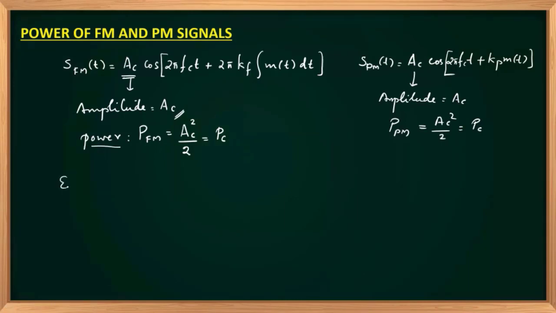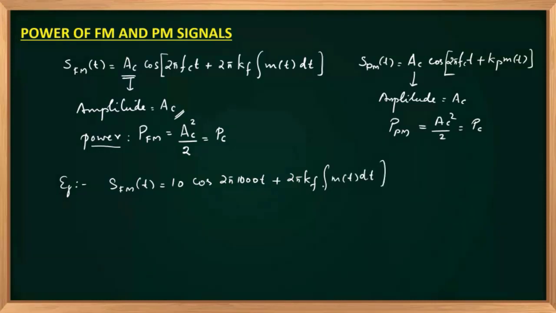Okay, if you consider an example with an FM signal, s_FM(t), what is the total power of this signal: 10 cos(2π × 100t plus 1000t plus 2π kf ∫ from 0 to t of m(t) dt)? If you consider this expression, what is power?